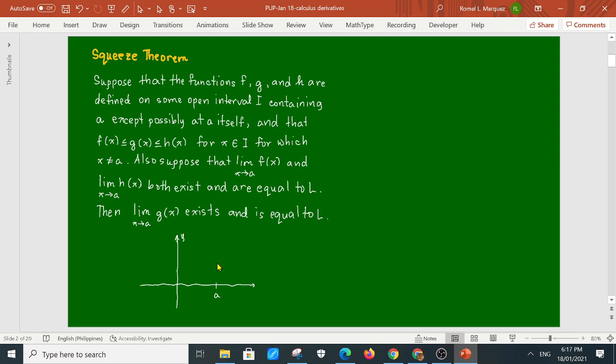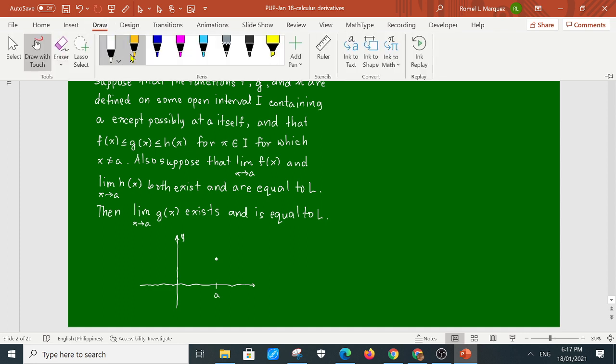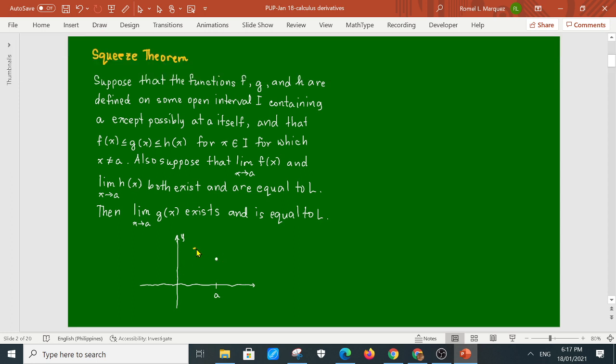I have a point here, and a graph of f of x.